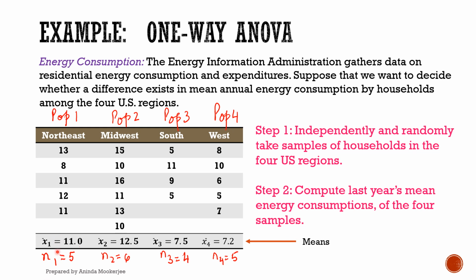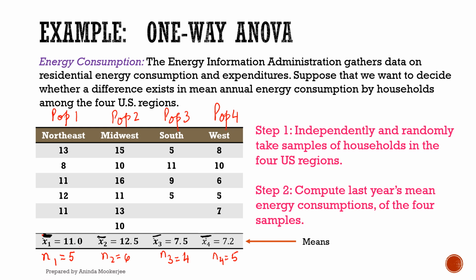They have also calculated the sample means, and there should be a bar over them, x bar sub 1, x bar sub 2, x bar sub 3. Somehow the bar is not appearing well, but these are the sample means.